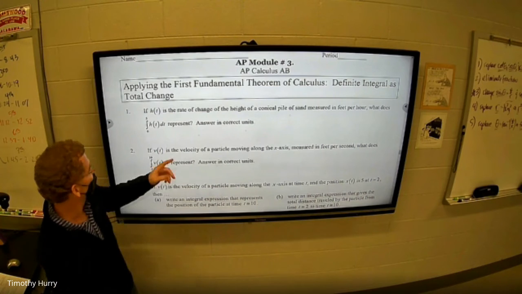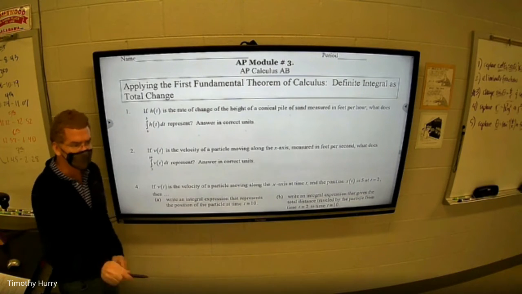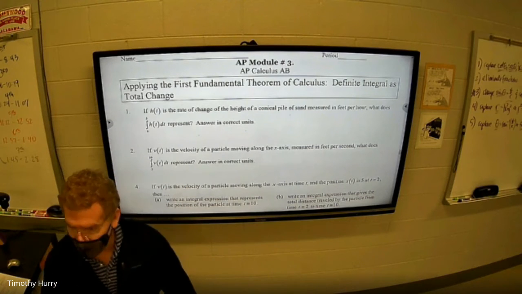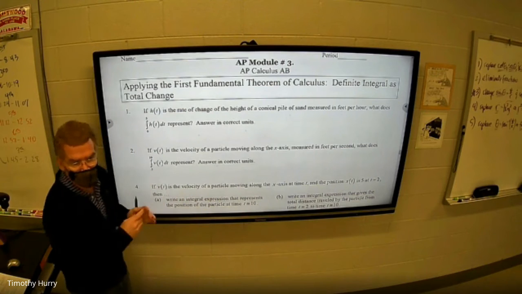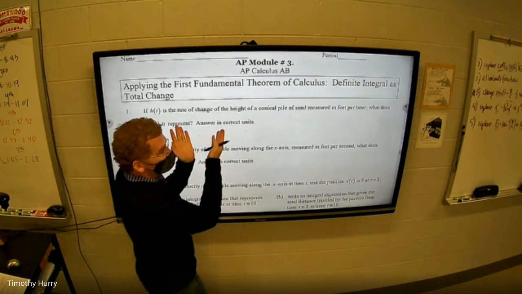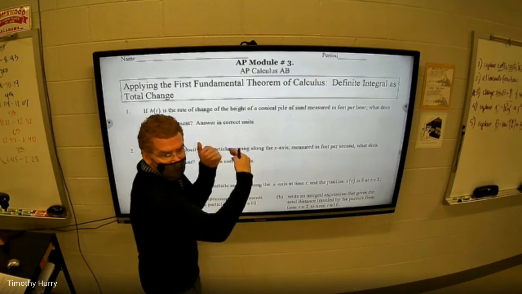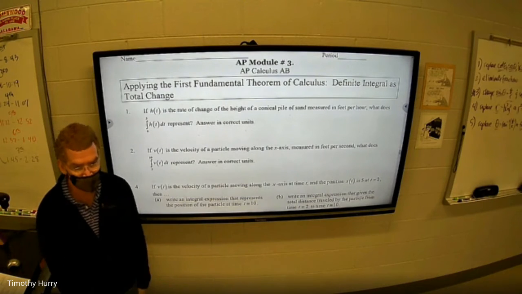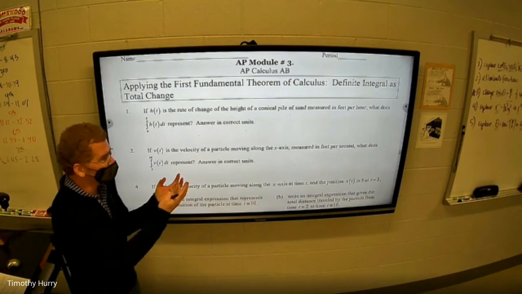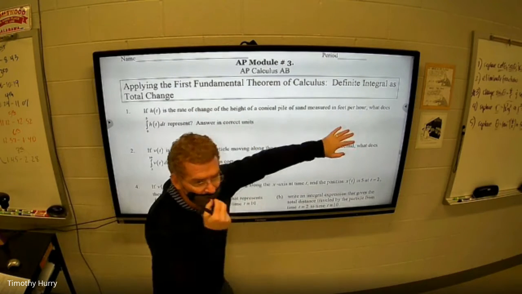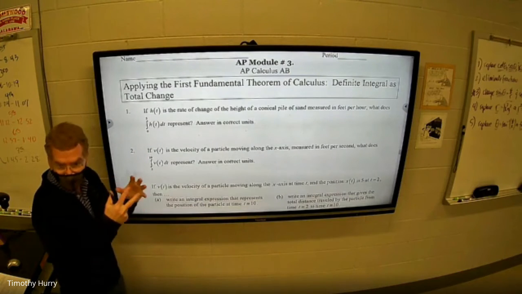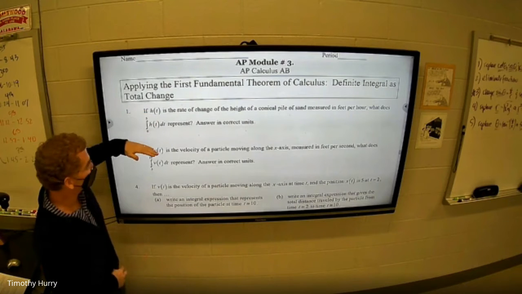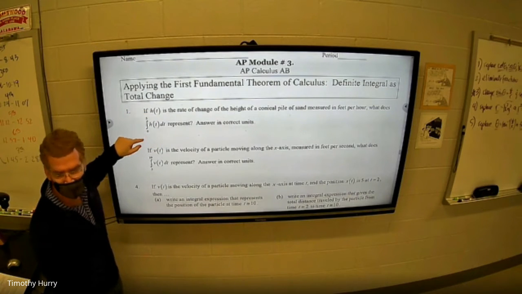Then it asks, what would that represent? Well, you know that when you integrate a rate, you get the change in the amount that the rate is referring to. So what is it referring to? If H is the rate at which the height is changing, then the amount would be the change in the height. The rate was in feet per hour, so this gives me an amount in feet. From what to what? What does 0 mean? The time.